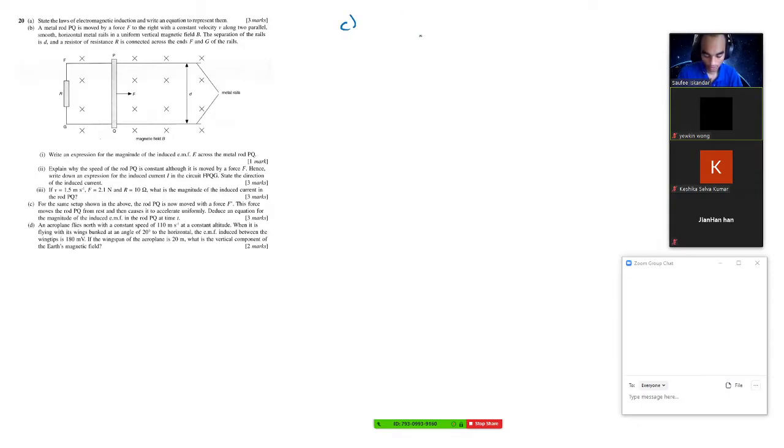So F prime minus F equals ma because it accelerates. The new force that we use is accelerating.